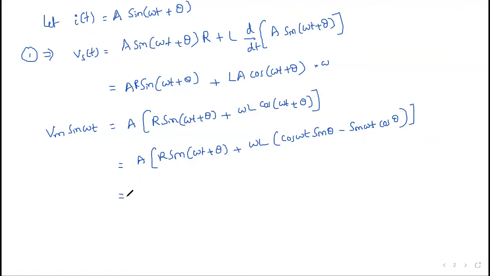Okay, this is equal to A into R sin of omega t, sin omega t also we can write it, so here we can write sin omega t sin theta. Sin of A plus B is equal to sin A cos B plus cos A sin B, right?